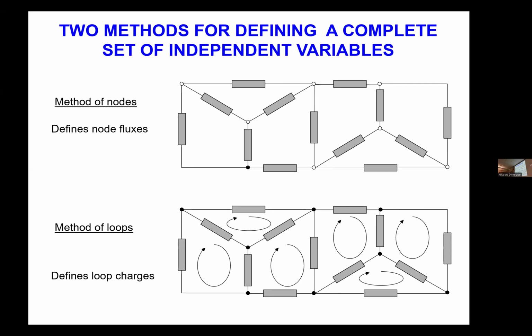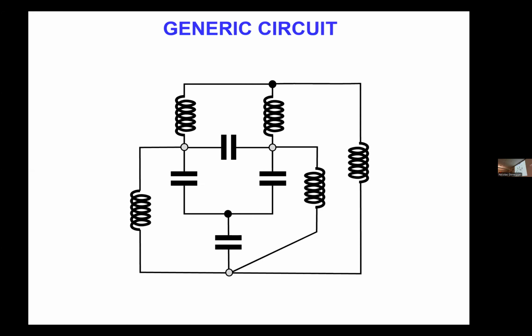There's a competing method where, instead of focusing on the nodes of the network, we would concentrate on the loops, but this is in general less efficient. So we are going to concentrate on this first method.